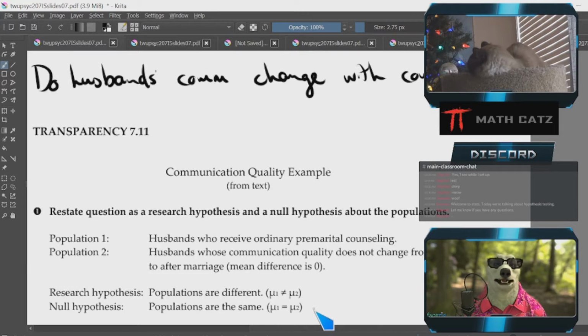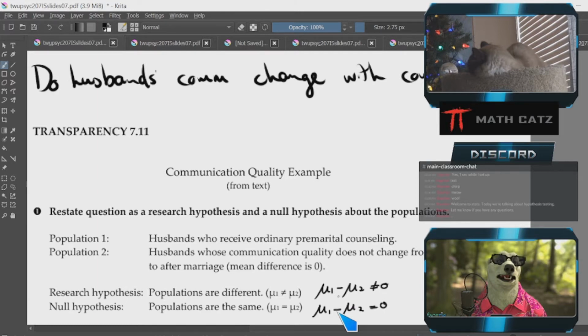That's better. I can rephrase this as mu1 minus mu2 equal to 0 as the null hypothesis, and mu1 minus mu2 not equal to 0 as the research hypothesis. And in that way, I can still view it like I did before.